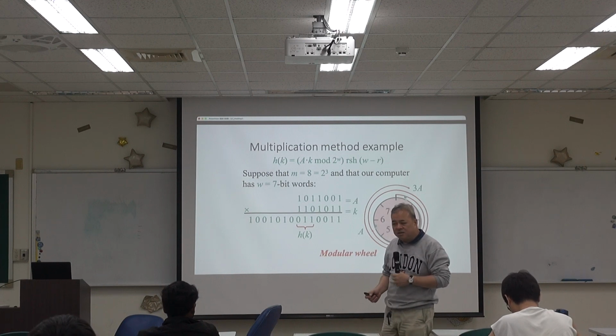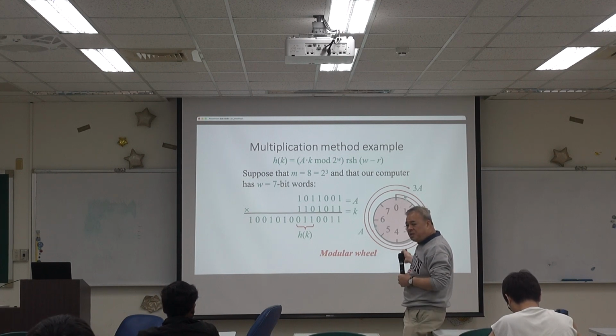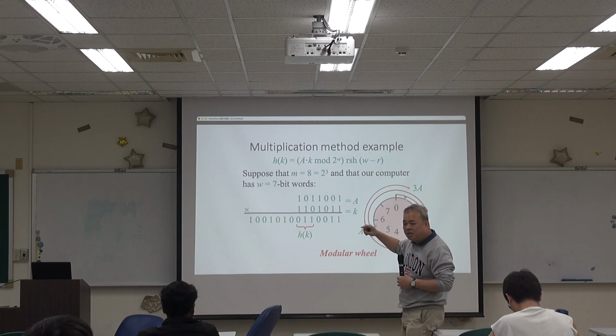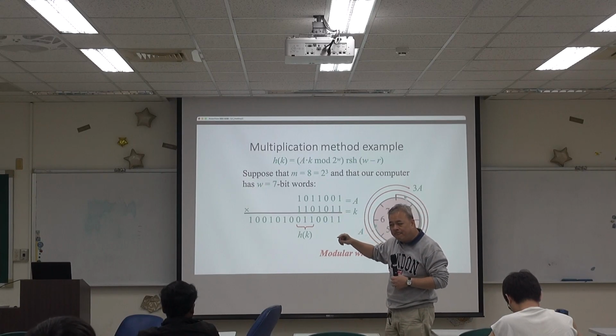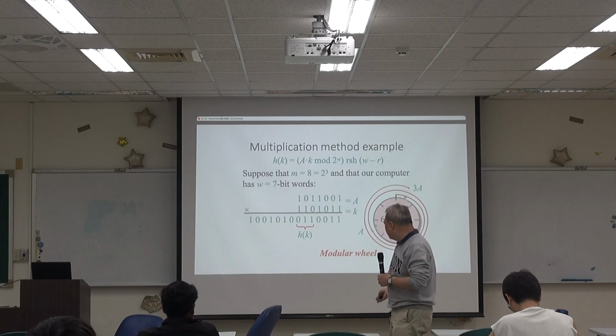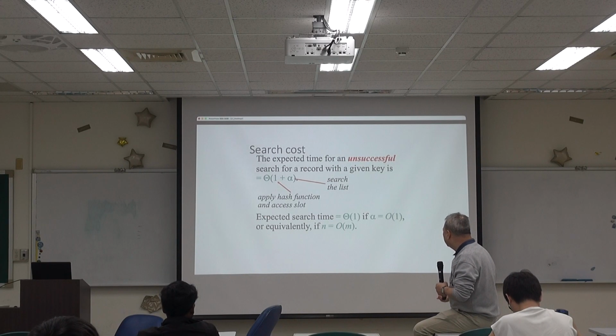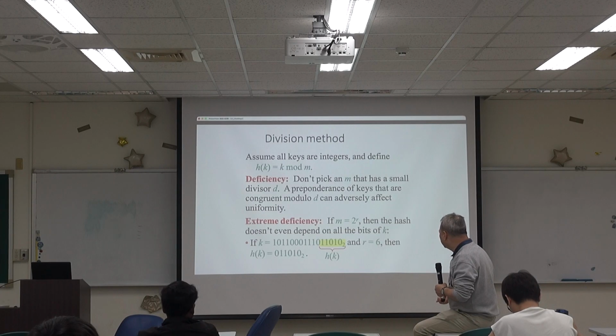That is because in the previous one, we do k mod 2 to the power of r directly.